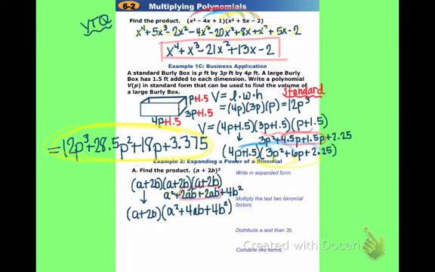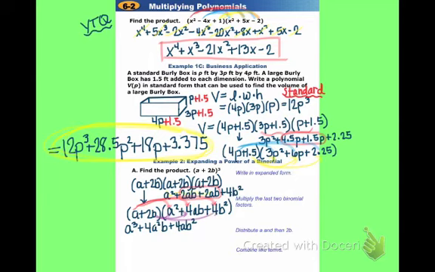And now the last thing I need to do is go ahead and distribute the a plus 2b to this polynomial. So I'm going to distribute the a through to everything. See what I get? Well, a times a squared is a cubed. A times 4ab is 4a squared b. A times 4b squared is 4ab squared. And now I'm going to distribute the 2b through to everything.